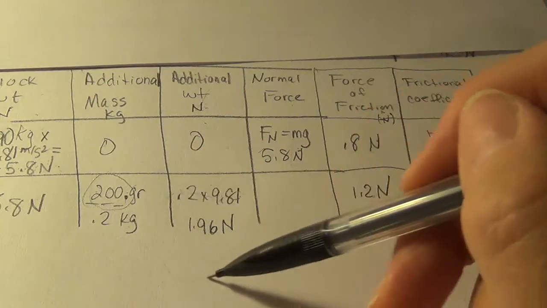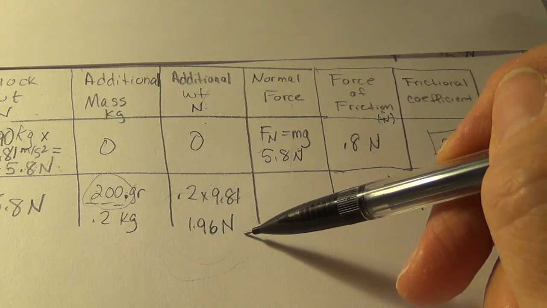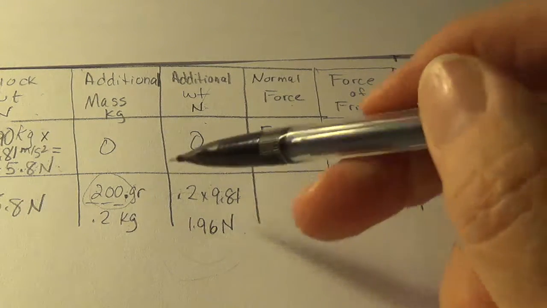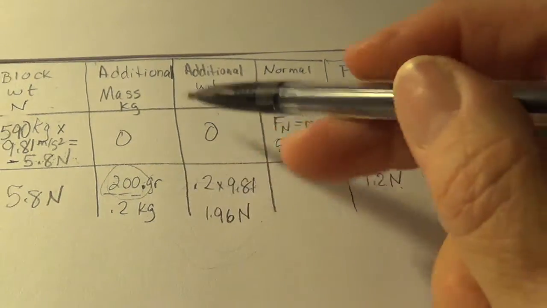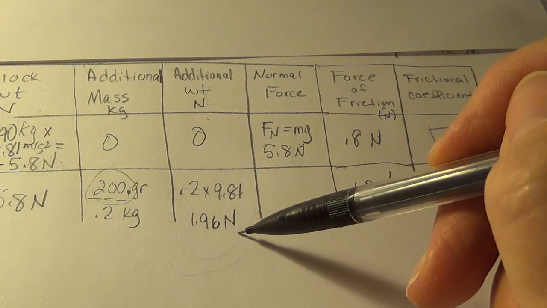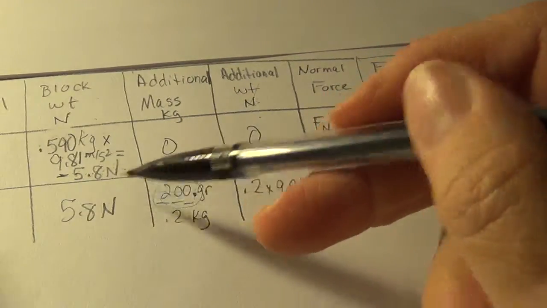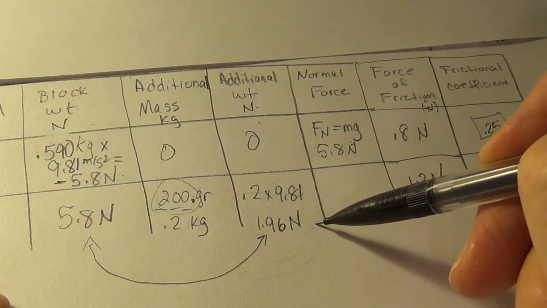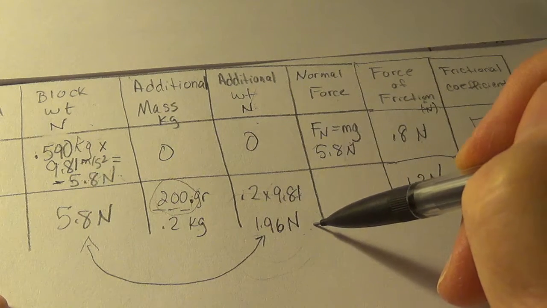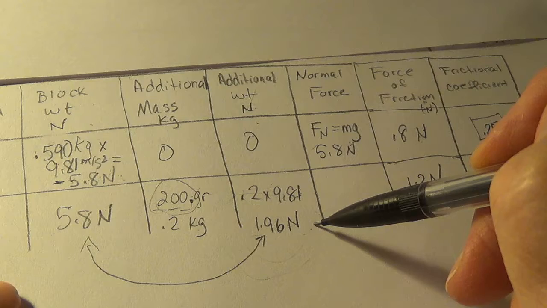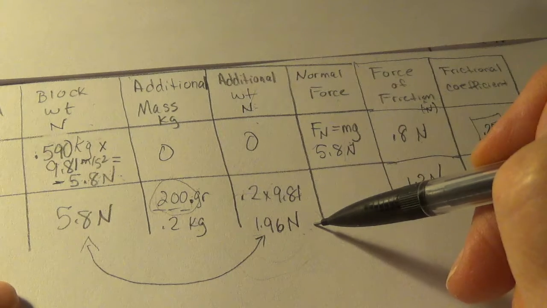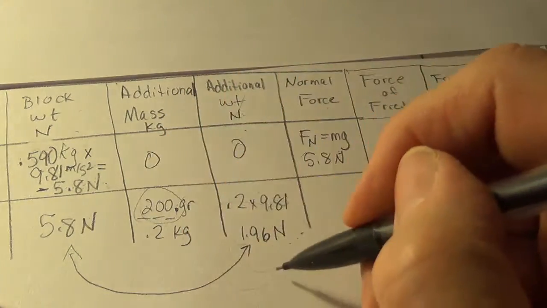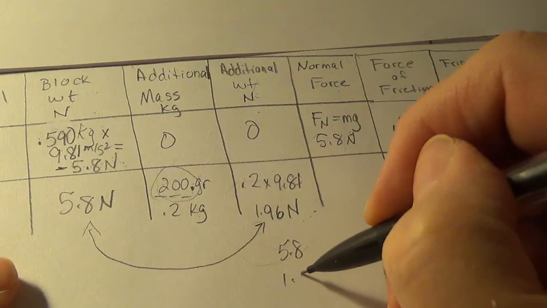The additional weight was 1.96, so the normal force now is going to be the sum of that and the weight of the block, because we still have the weight of the block. So the weight is 5.8 plus 1.96.